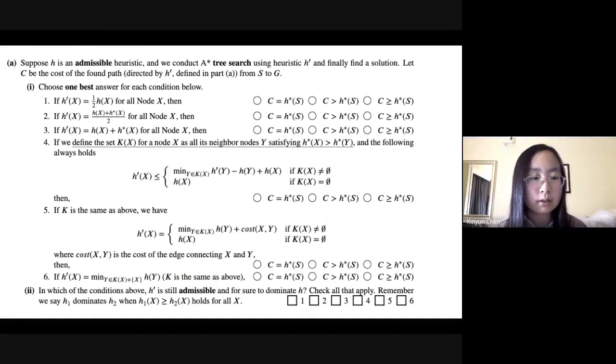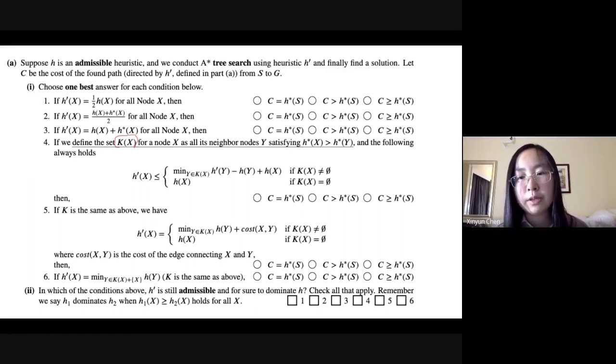Then let's take a look at the parts from 4 to 6. For all of these three subproblems, they share a new definition called K of X. Basically, K includes all the neighbor nodes Y which have smaller heuristics than the X node.